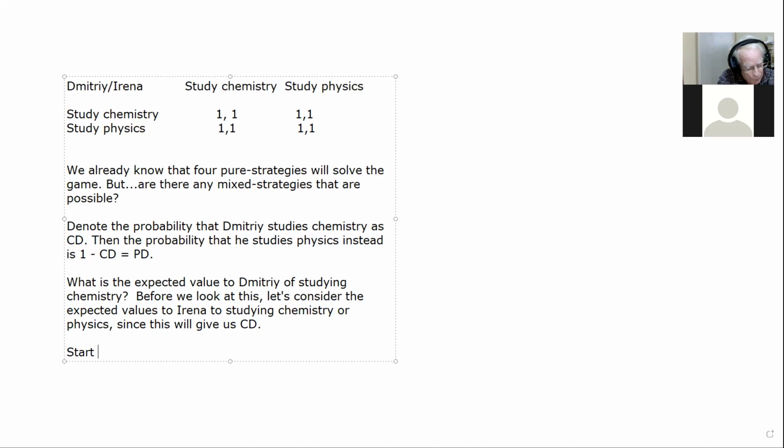Okay, so what is the expected value to Urbana of studying chemistry? We're looking at this first column right here.